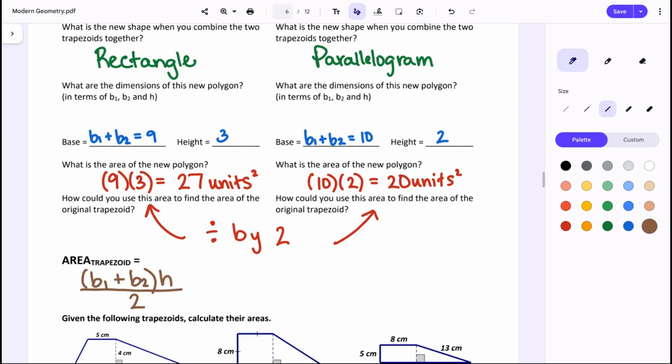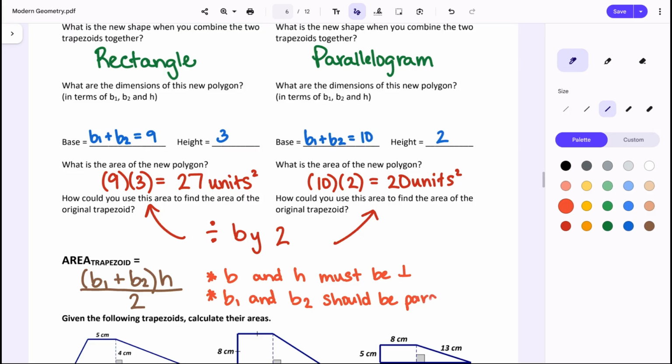And again, a couple of key things. Your base and height still need to be perpendicular, so you still need to have a 90-degree angle showing there. And another thing to note is that base 1 and base 2 should be parallel. That's always a way that you can determine what the bases are. Because on your trapezoid, you're going to have 4 sides.